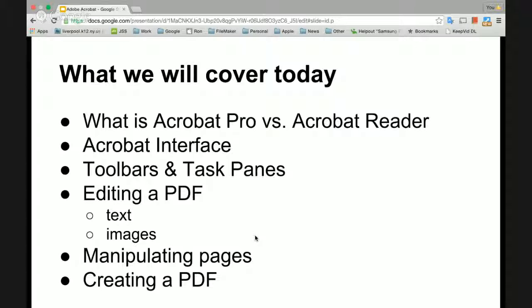We're going to talk about editing, and we're actually going to edit some PDFs. We're going to talk about manipulating pages, and then we're going to finish up with creating a PDF. There are other things that we're not going to cover today, but I'll go over briefly what is coming up in future sessions.